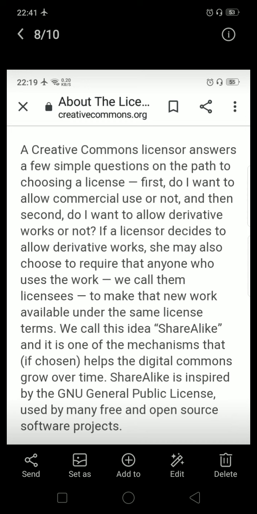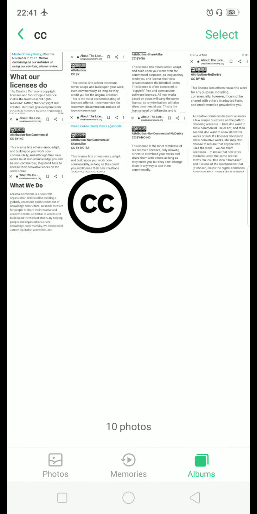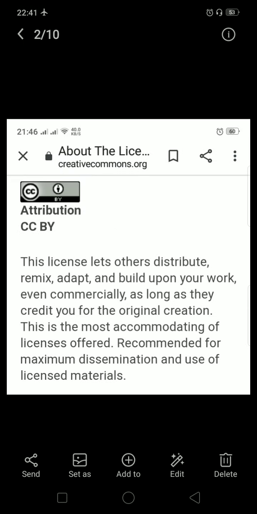Second, do you allow others to modify your product? These two things are important, and based on this, there are 6 different licenses given by CC as per your application. When you apply, they will ask you certain questions and you need to tick on them.